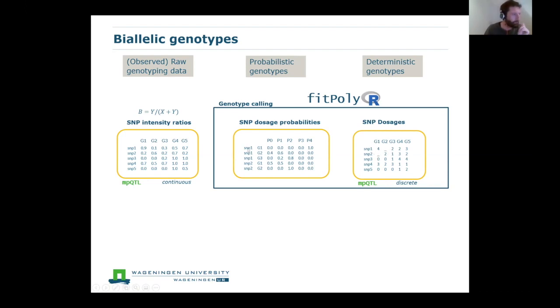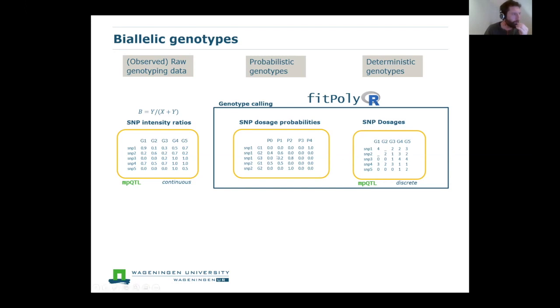For example, here for the SNP1 in the first row, so individual 1 and SNP1, you have probability of 0 for all the dosages except the probability of 1 for dosage 4. So then the dosage call will be 4.